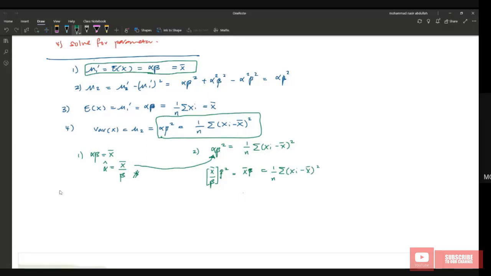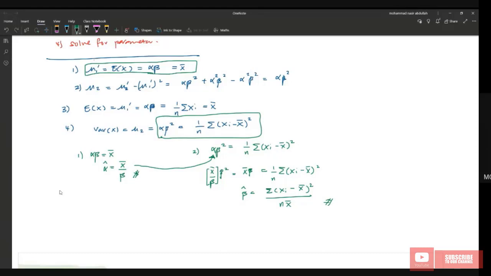So to find beta hat, this is summation of xi minus x bar squared divided by n x bar. So this is the estimator for beta.